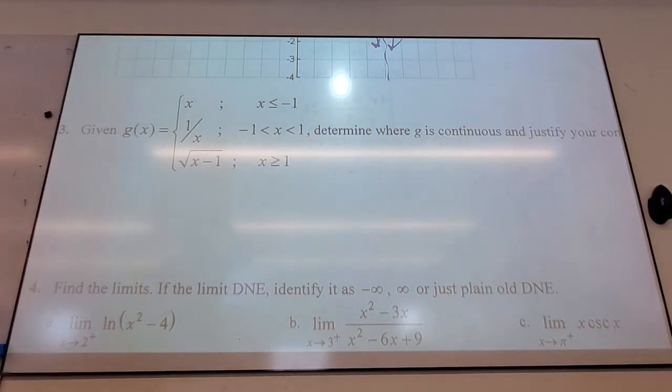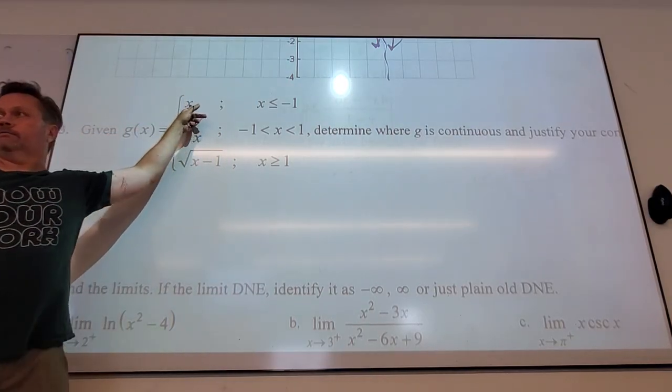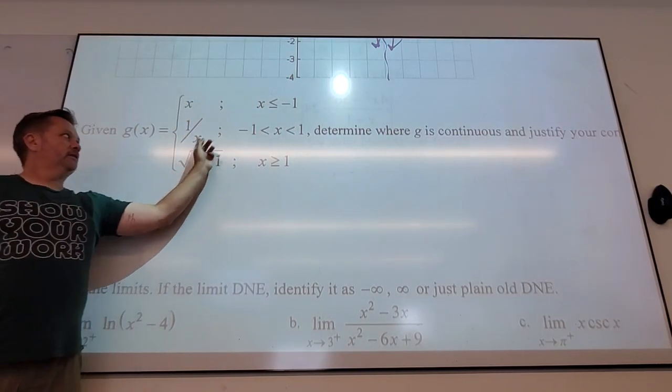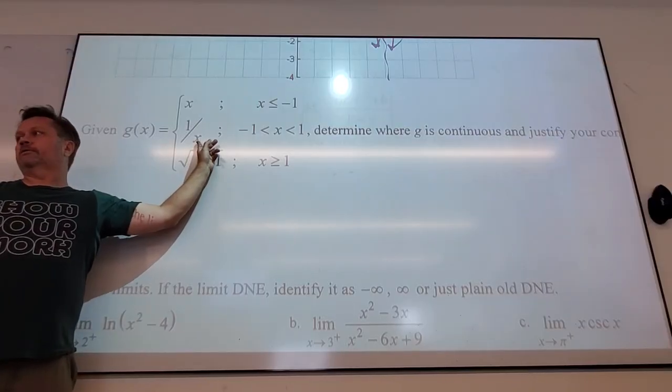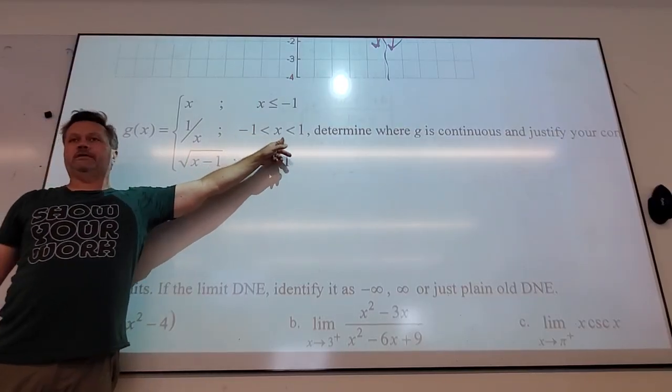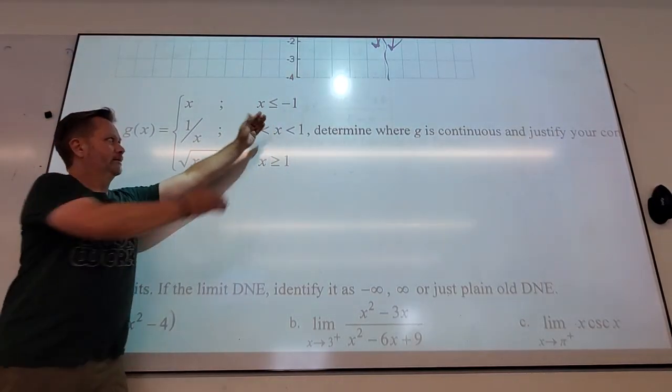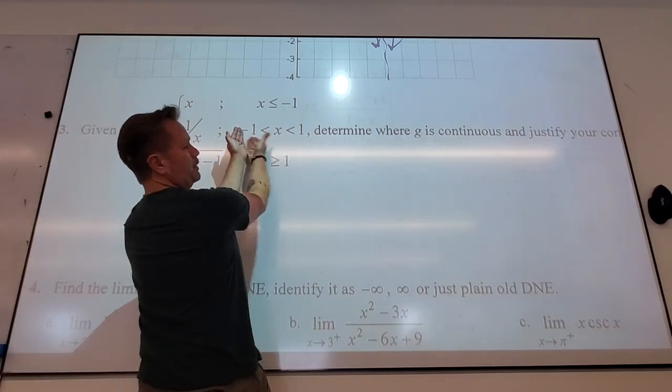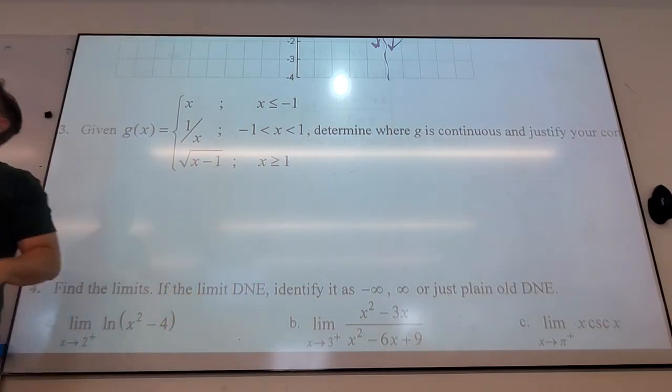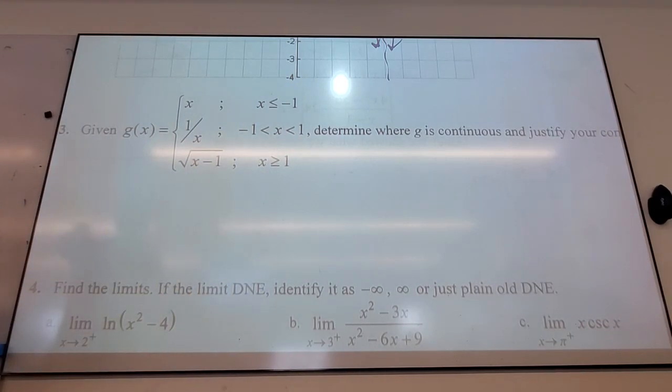Okay, you look at each function. Where do they have issues? He's cool everywhere. Doesn't matter how I define him. He's got a problem where? 0. Is he allowed to be 0? What I mean is, does my domain include that number? Okay.